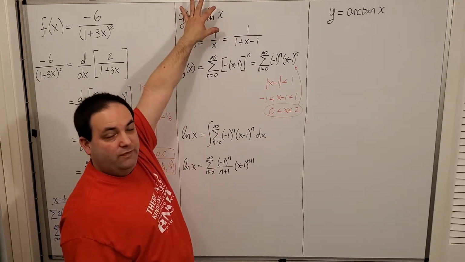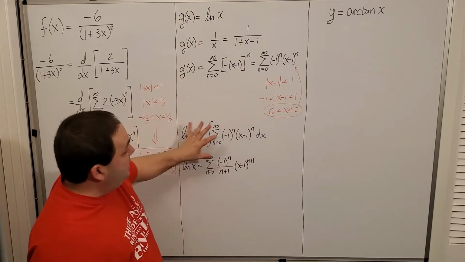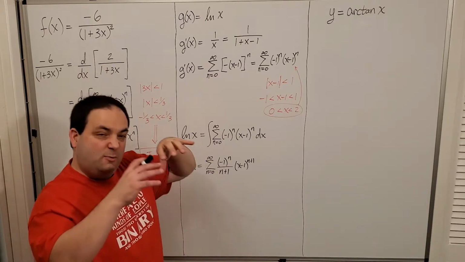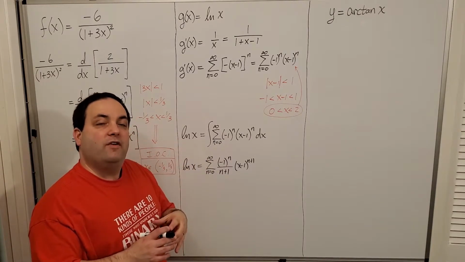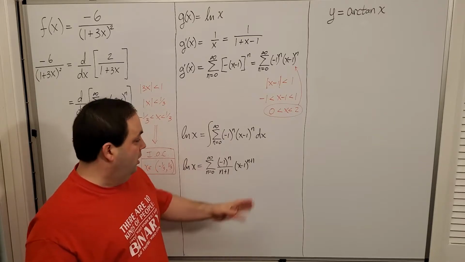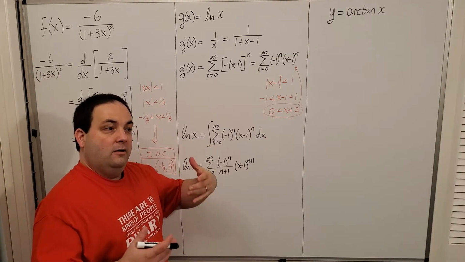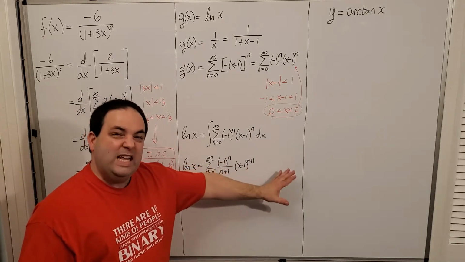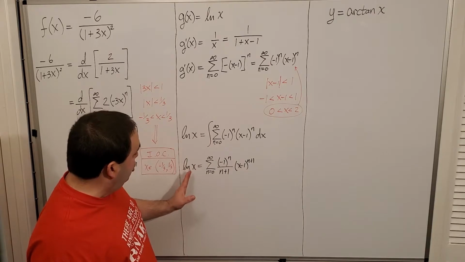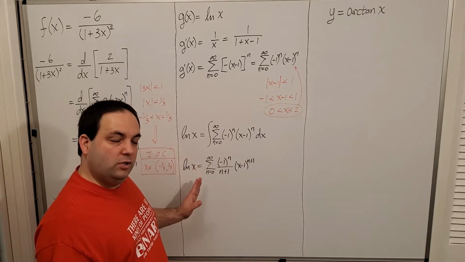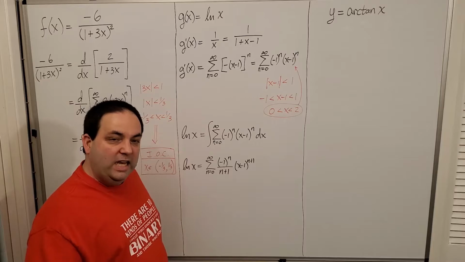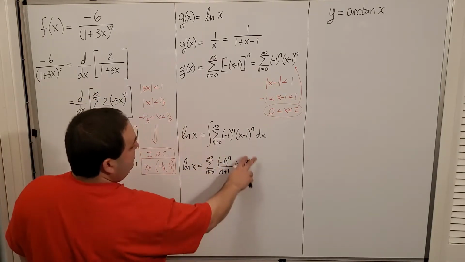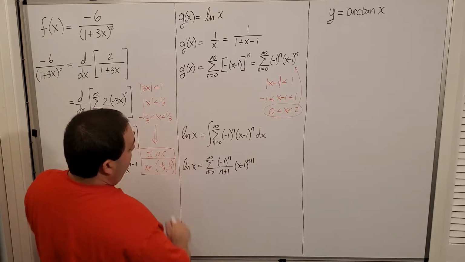I have the original function. I don't need a generic constant for this antiderivative. I already know the specific antiderivative I want, not the most generic one. So I'm not putting the plus c. I technically did, but then I'm saying that I know that my plus c is 0, because I knew the initial function, the initial condition. That's why it's more like an initial value problem. Okay, so here is a power series representation for the ln of x.